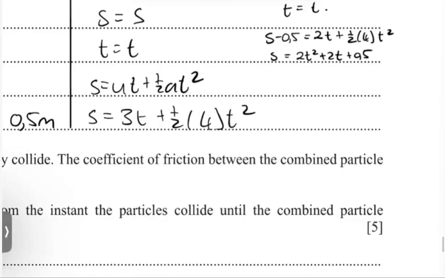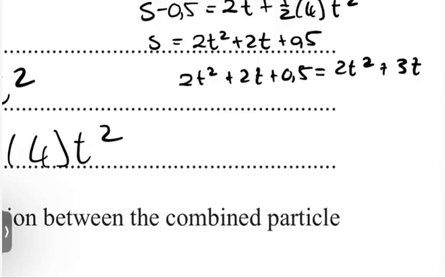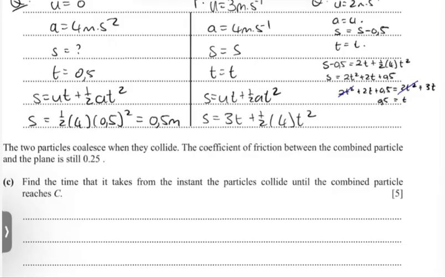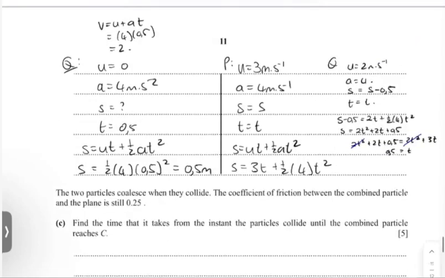So now I'm going to do a simultaneous equation between the two. So 2t squared plus 2t plus 0.5 is equal to 2t squared plus 3t. Okay, those can cancel out. That's really nice. My 2t I'm going to take to the other side, so I just get t, and that's 0.5. So they're going to collide at 0.5 seconds later. Okay, that's good to know.